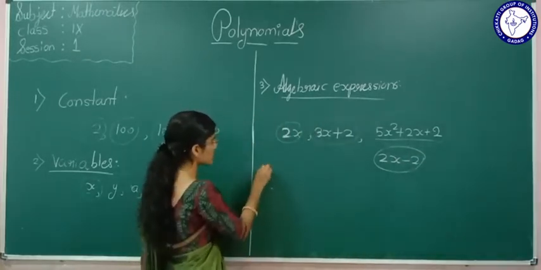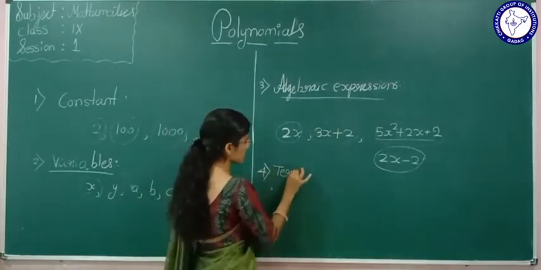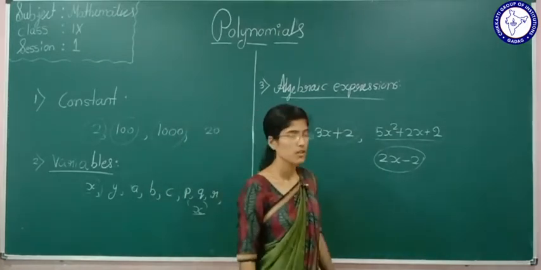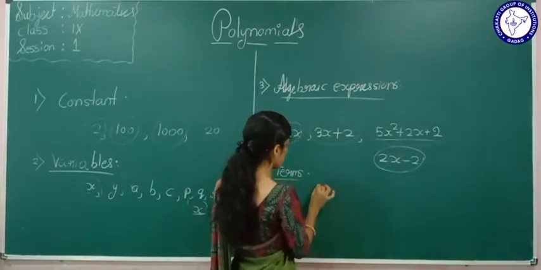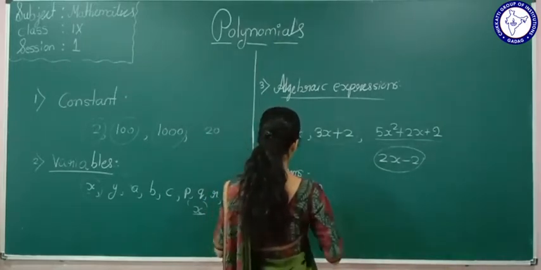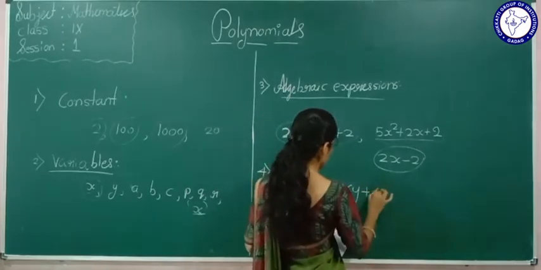Now the next definition is terms. What are the terms of an algebraic expression? Suppose I write one expression, 2x minus 6y plus 4z.